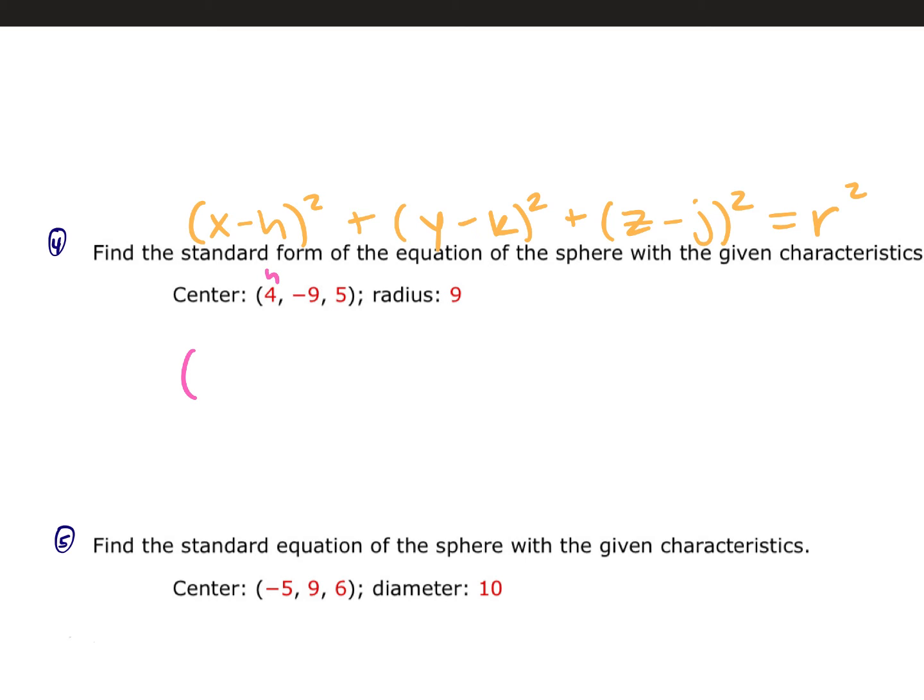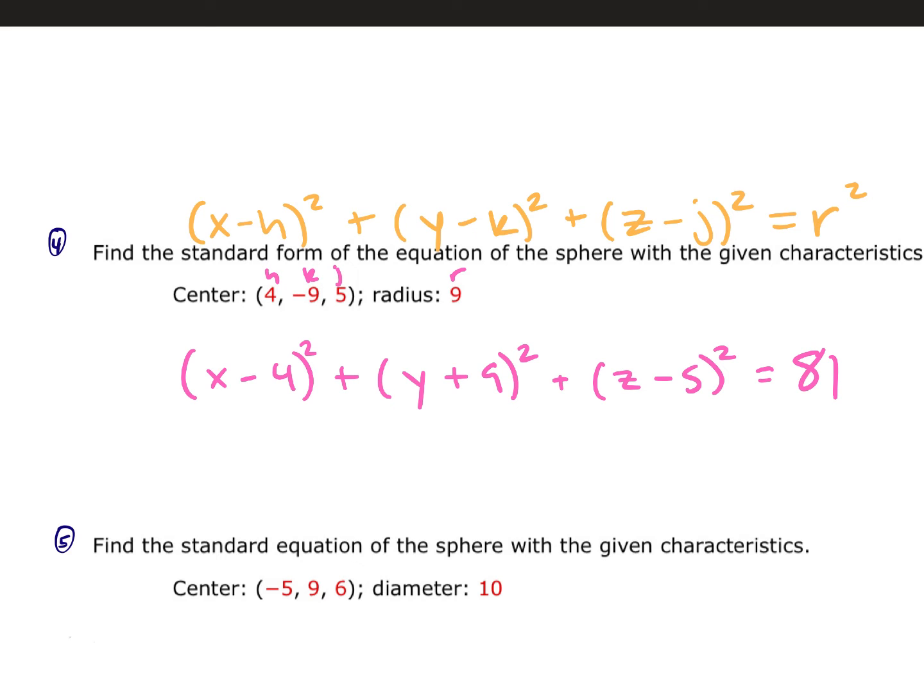Just plug in the h, k, and j, and the r. So I have x minus 4 plus y plus 9, because we'll change the sign, squared. Plus z minus 5 squared is equal to what? 81. We just square our radius. And that's our answer, so we just plug it in there.